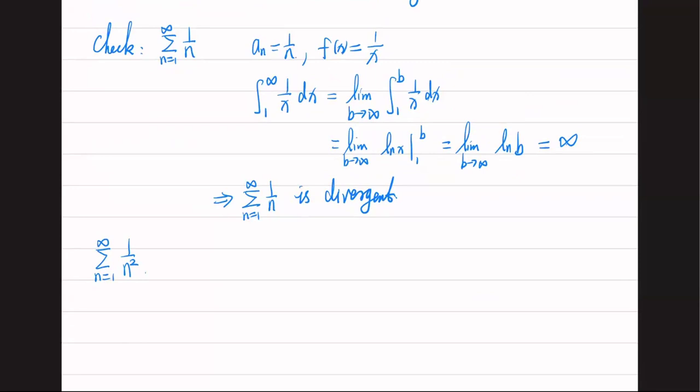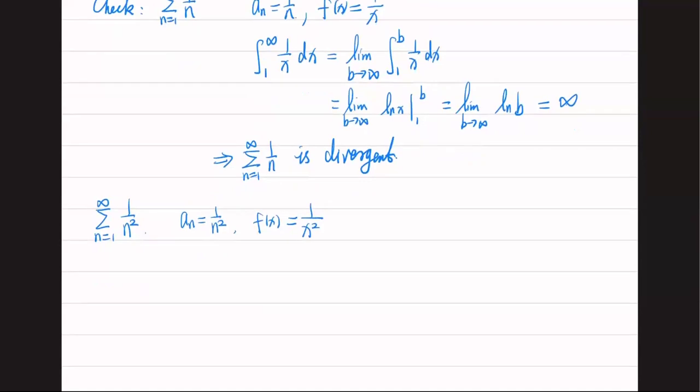What function would you pick? 1 over x squared. So we have one response, we pick x squared. If we use x squared, x equals n, 1 over n squared. Now we need to check if the integral is convergent or not.